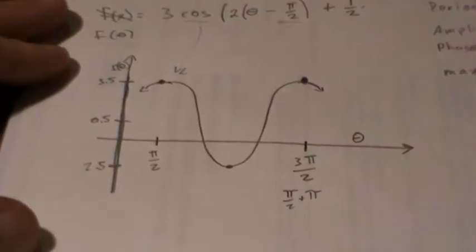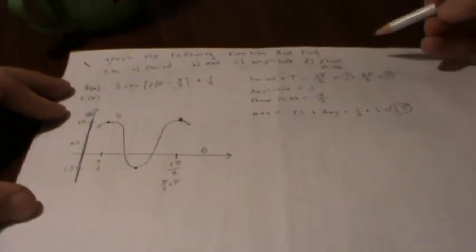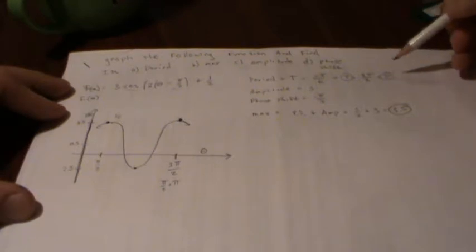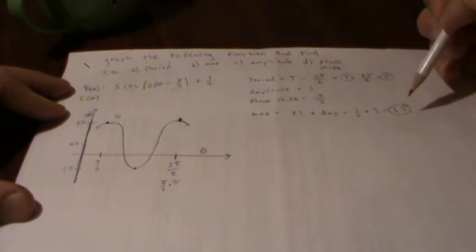So there is the graph of the function. The period is figured out, the amplitude is figured out, the phase shift is figured out, and the maximum is figured out.